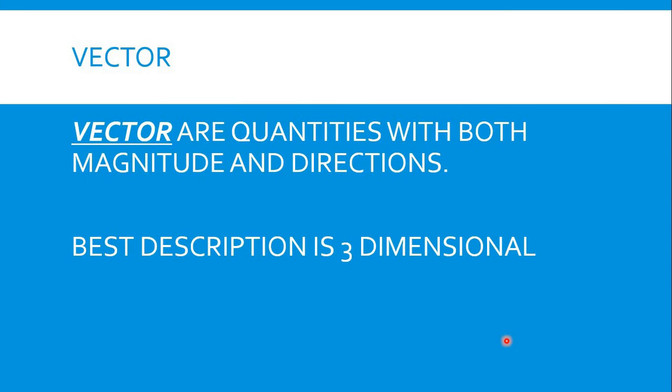Vectors are quantities which have both magnitude and direction. We can describe it as three-dimensional, and a vector has magnitude when it goes on a straight line or goes forward. It has direction, it has a choice when it can go to the left or right. It's three-dimensional.